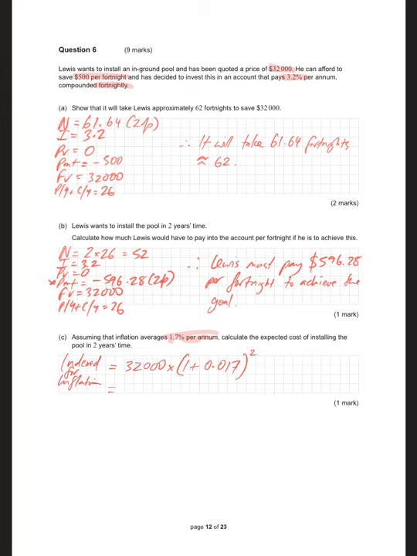Use BEDMAS. 1 plus 0.017, square it, times by 32 grand. $33,097.25 to 2 decimal points. Expected cost in 2 years' time. That's that question done. Moving on.